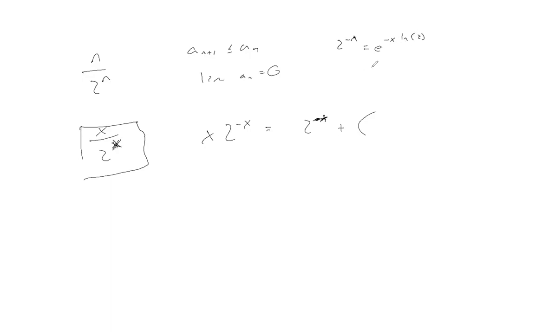The derivative of this would be negative ln of 2 times e to the negative x ln of 2, which equals negative ln of 2 times 2 to the negative x. So my derivative here is 2 to the negative x times (1 minus x ln of 2).